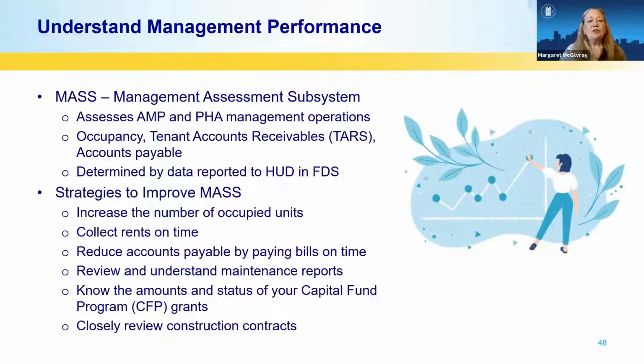As mentioned earlier, these are all data elements that we recommend that the board review on a monthly basis as part of those asset management reports that Sydney referenced, so that you are fairly familiar with these elements and how they are incorporated into that PHAS score.